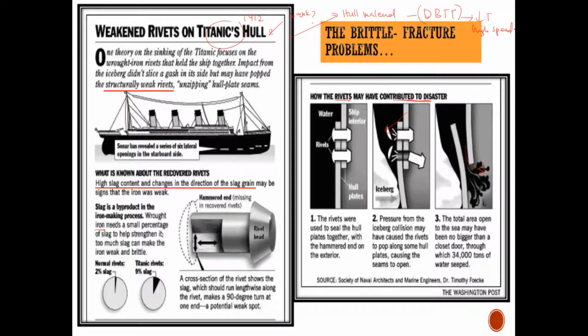Despite this temperature and high speed, the hull also contained a very high level of sulfur. So these three factors contributed to the catastrophic failure in that hull, in that structural material.